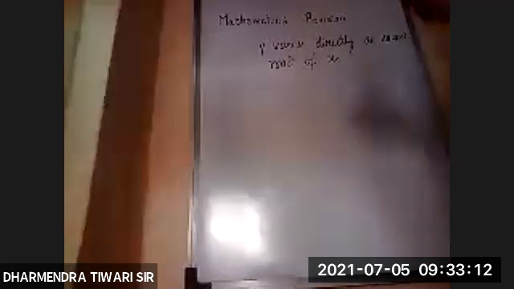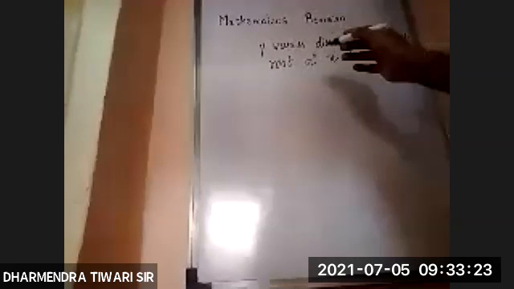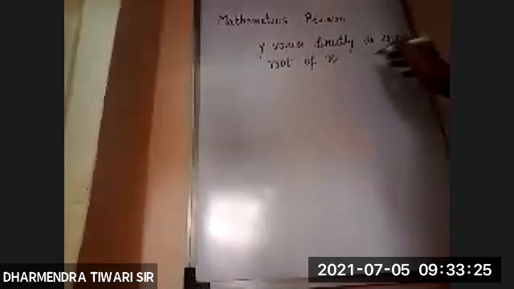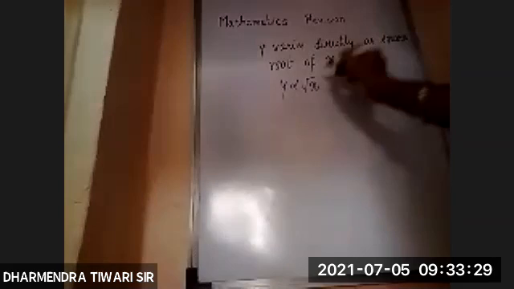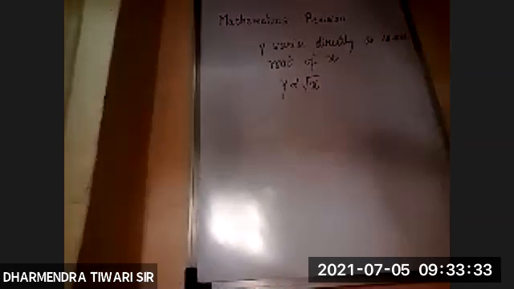If instead of square root I were given y varies directly as x, I would have written y directly proportional to x, or y alpha x. As they have given y varies directly as square root, I'll be writing y varies directly as square root of x. So simple. That is the meaning of the question.